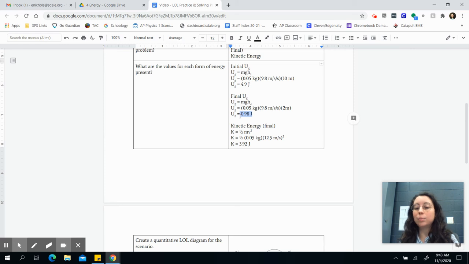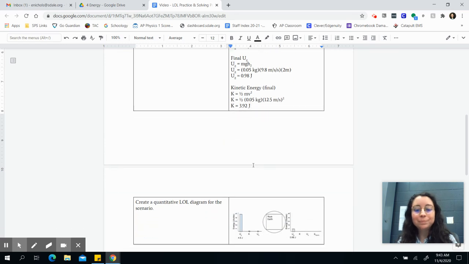Oops, I messed up. 0.98 plus 3.92. Yep, 4.9. That adds up to 4.9 joules. So definitely no energy has been converted to heat. Nothing's been lost. We can still say friction is negligible.